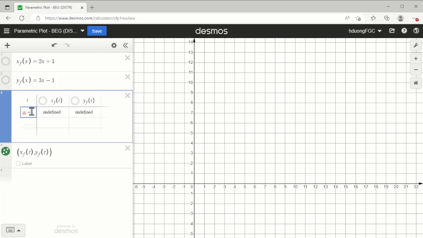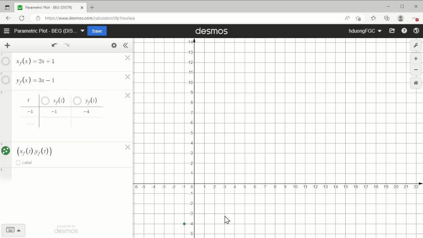As I put in that point, when t equals -1, it puts a point right here, because when t equals -1, we have a point at x coordinate -1 and y coordinate -4, which is this point right here. So we are placed at that position with coordinates -1, -4, where the t parameter responsible for that is assigned the value -1.